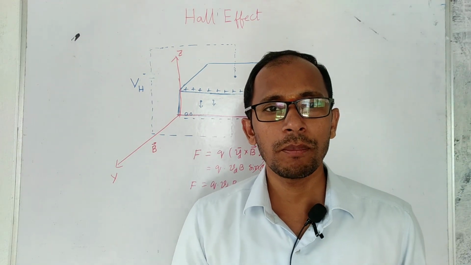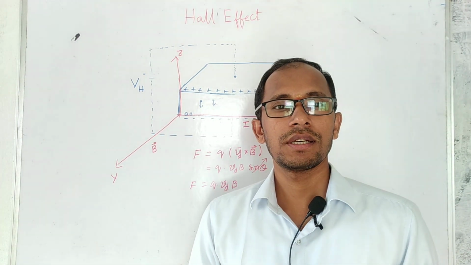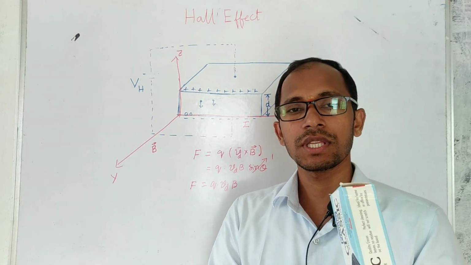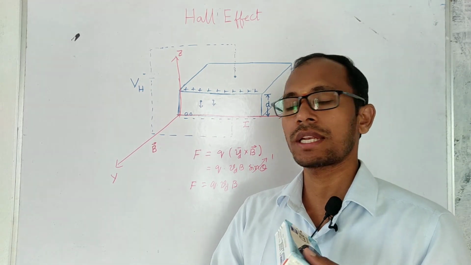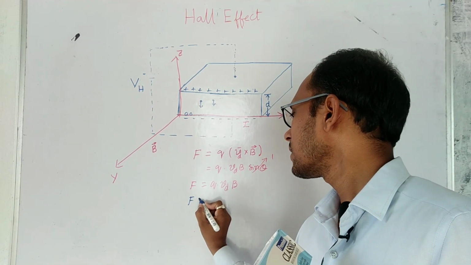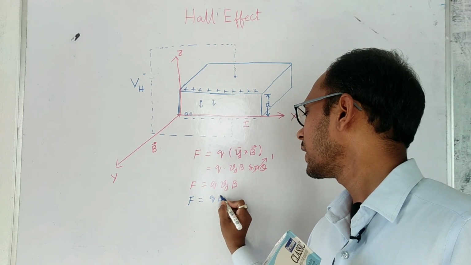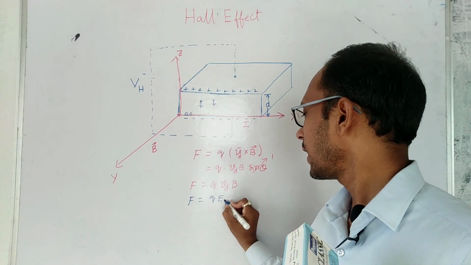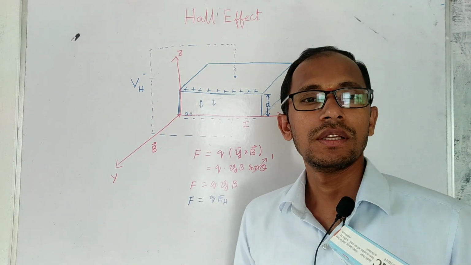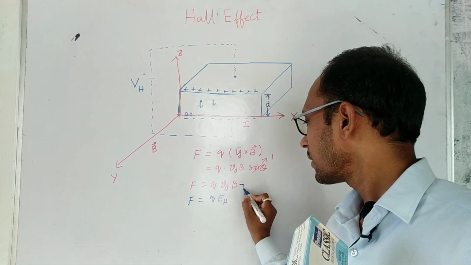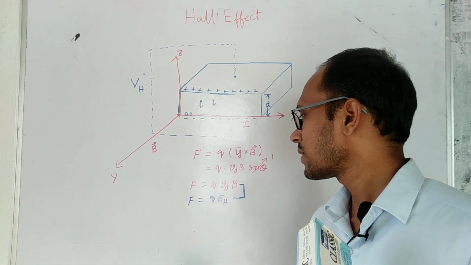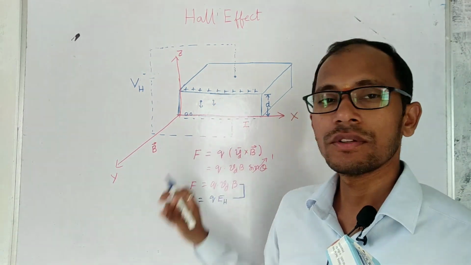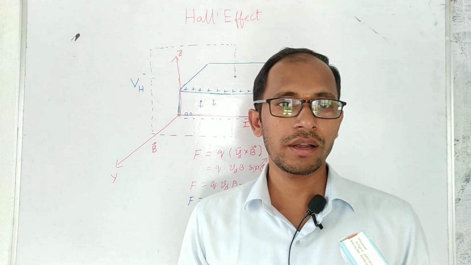The same thing for the electric field: whatever the generated electric field is, due to the electric field the force acting on the charge carrier, as you know, is Q into E. Here that electric field is the Hall field. Now there are always equal and opposite forces for these two. These forces should be identical. Then the Hall field is generated.